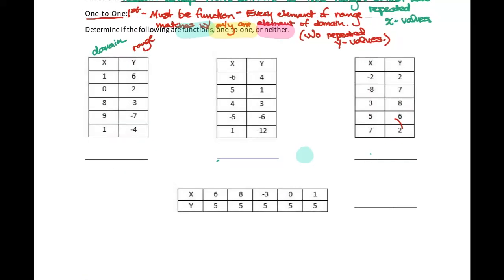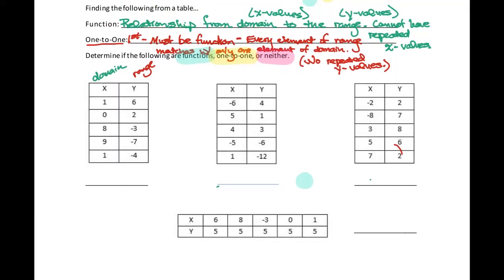All right, let's take a look. So, first of all, is it a function? Look at your domain. You have 1 going to 6. You have 0 going to 2. And these are like ordered pairs. So 1 goes to 6, 0 goes to 2, 8 goes to -3, 9 goes to -7, 1 goes to -4.